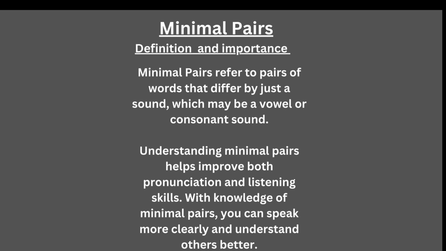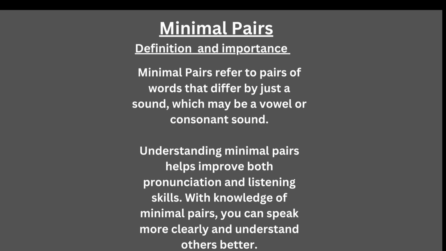When it comes to vowel sounds, the difference between a long vowel sound and a short vowel sound can only be established when we place two similar-sounding words beside each other and look at the difference between the two words. Understanding and practicing these pairs of words helps us to improve our pronunciation, our listening skills, and comprehension, because a small change in vowel length can completely change the meaning of the word.